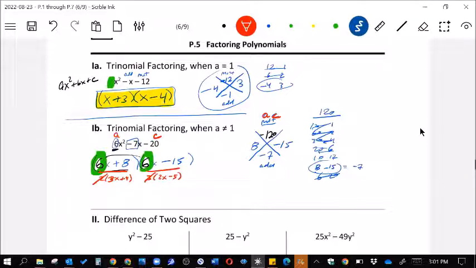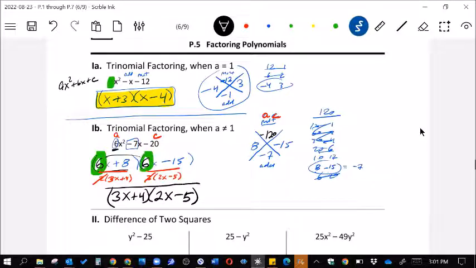So I put in 2 6's, and I just took one of them out. But I took it out by doing the factoring, because that allows me to break this down to the actual correct factored version of 6x squared minus 7x minus 20.